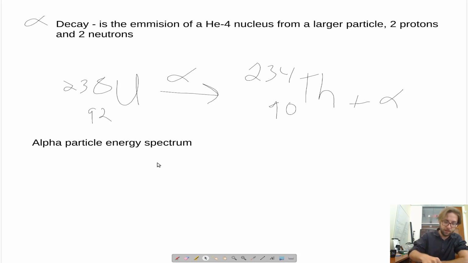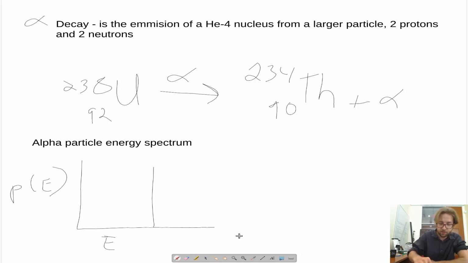Instead they come out at discrete levels, right? So if we have E here, and then we have our probability as a function of energy, we'll just get individual lines with varying probabilities that an alpha will come out at that energy.